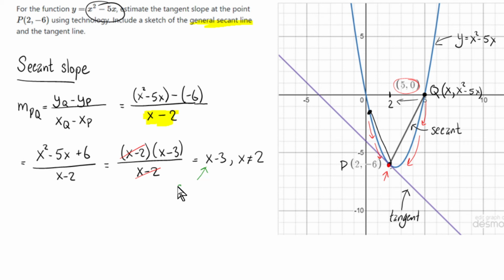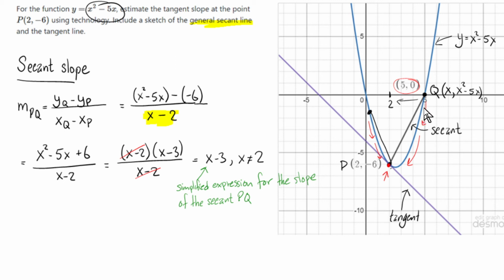So this is a simplified expression for the slope of the secant PQ. So now what we're going to do is we are going to do these two approaches we're talking about.